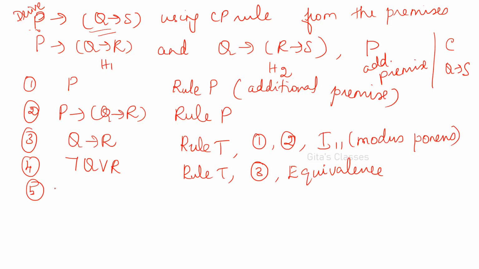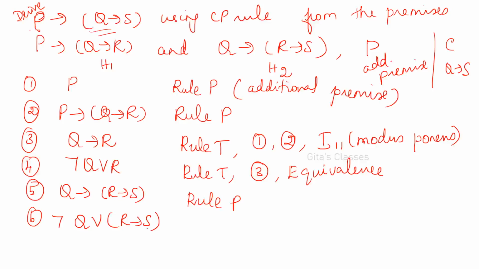Then fifth one, I am introducing the other one, Q conditional R conditional S. That is rule P. Now I am using not Q or R conditional S. Depending on the requirement, it is not the unique way that you have to follow this. If you want, you can use the other rules also, no problem. Okay. This is not the unique method. So I am applying in 5 equivalence.